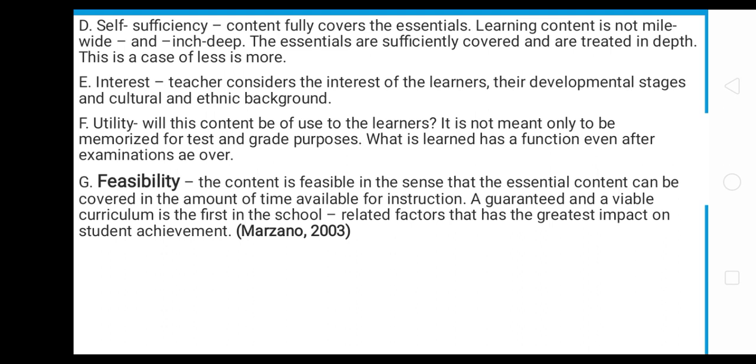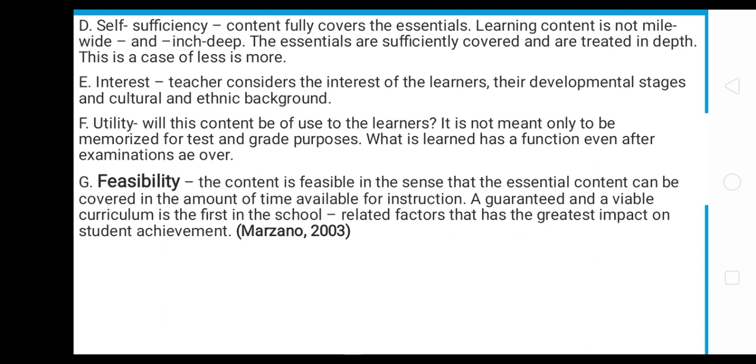So when you consider the development stages and cultural and ethnic background of your students, the content must be culture sensitive. You already accept the different cultural backgrounds of your students.